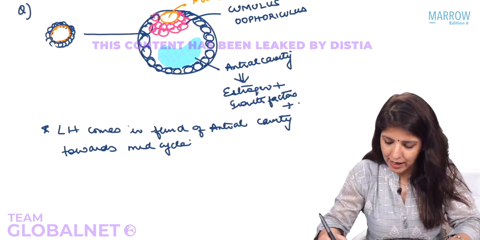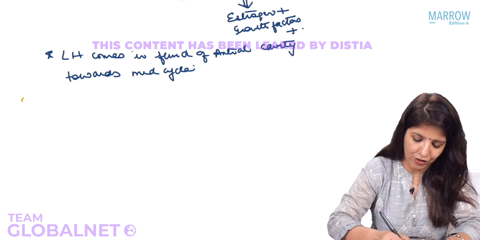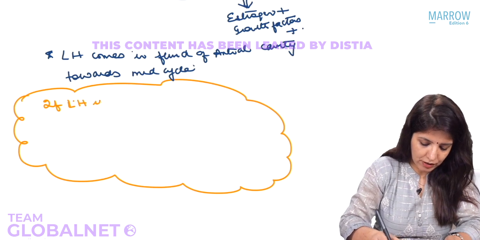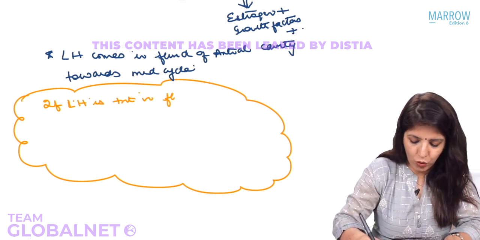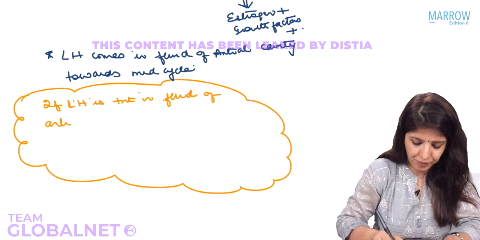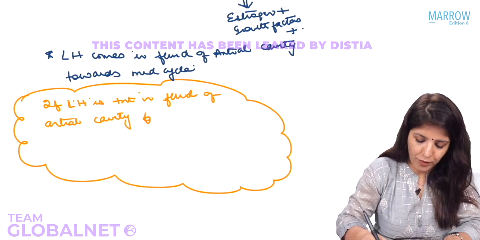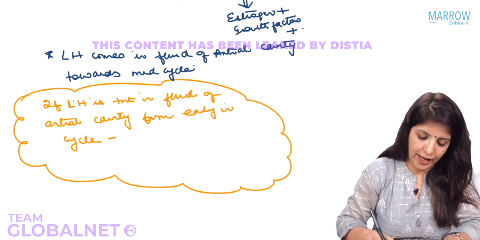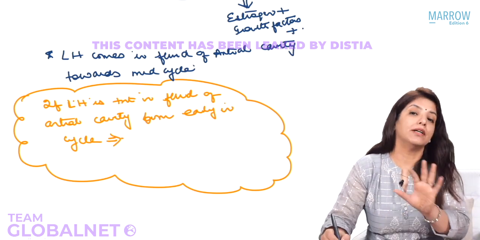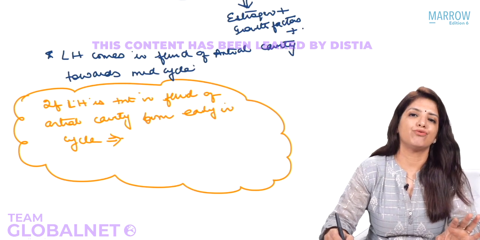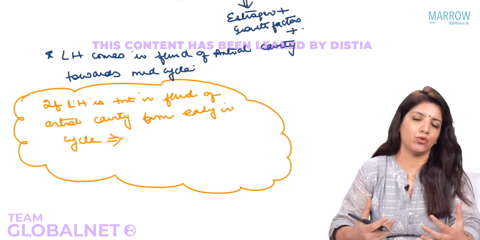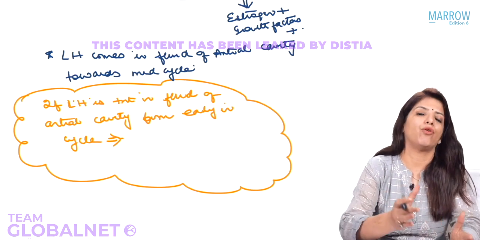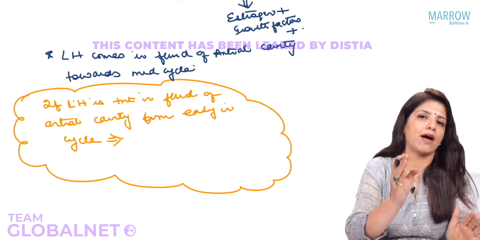Now, suppose LH is present in the fluid of the antral cavity from the very beginning, from early in the cycle. Then what is going to happen is, it is going to lead to degeneration or atresia of the granulosa cells. It will stop the mitotic activity of the granulosa cells and it will lead to atresia of the follicles. And this is exactly what happens in PCOS.